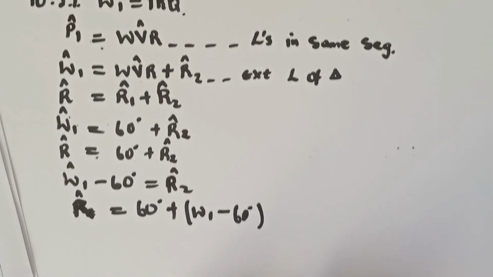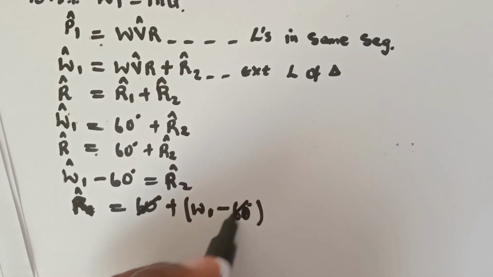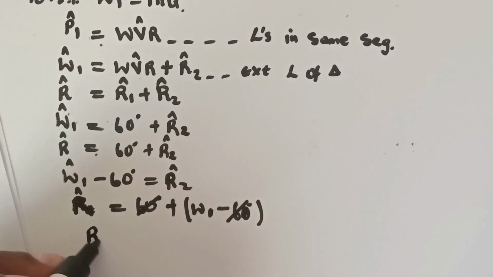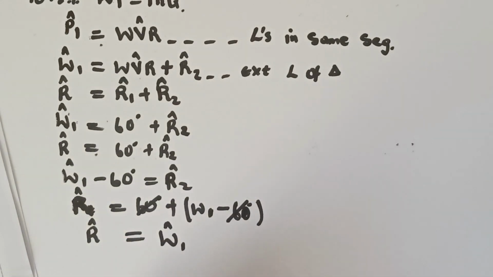We get an additive inverse here, 60 and 60 cancel out, and we are left with angle R equal to angle W1.